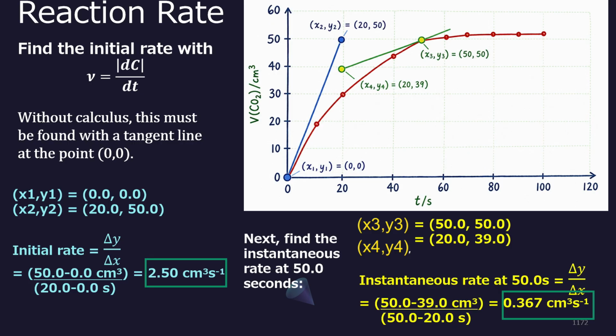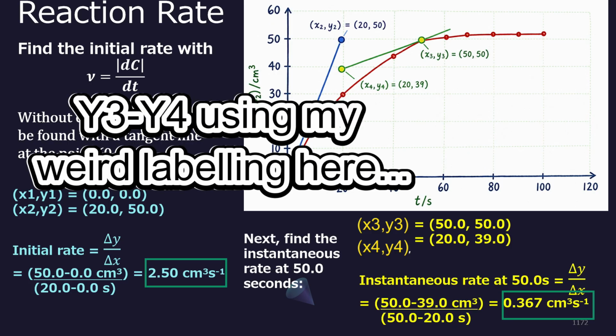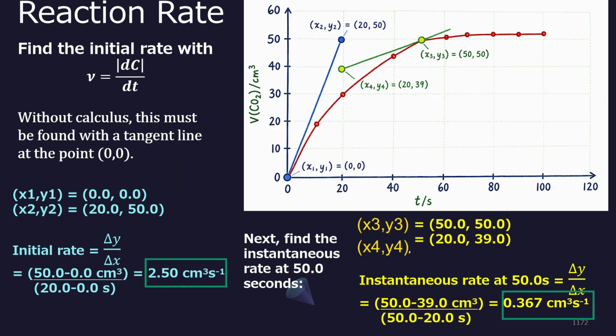We'll take that. So we'll take y2 minus y1, that's 50 minus 39, and divide that by x2 minus x1, that's 50 minus 20. And that gives us 0.367 roughly, with units of centimeters cubed per second.